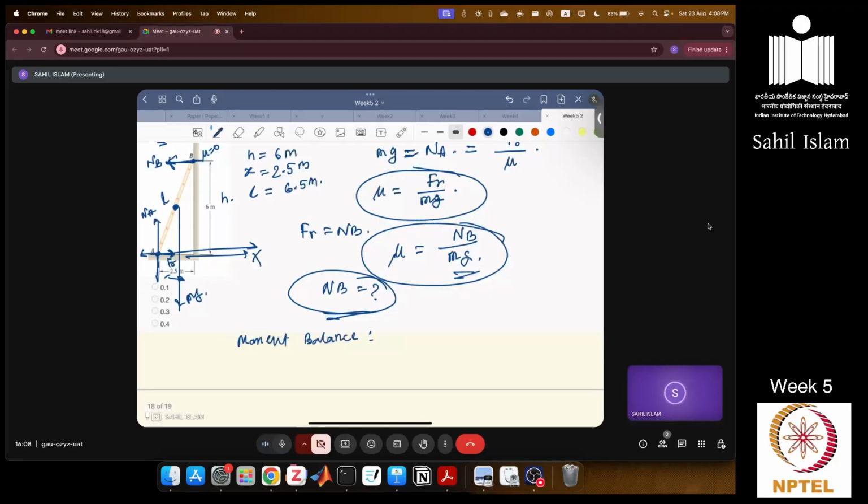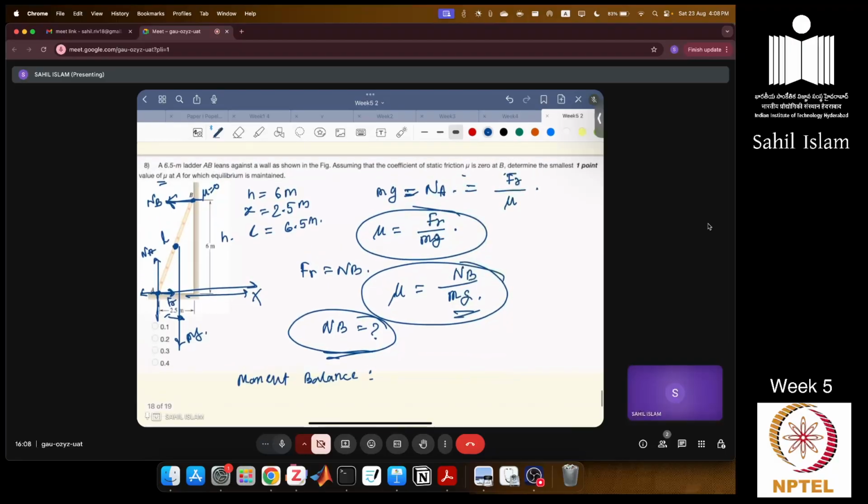Due to this force Nb, the moment about this point is Nb times h. This should be equal to the moment due to the weight mg, which in the x direction is mg x by 2.